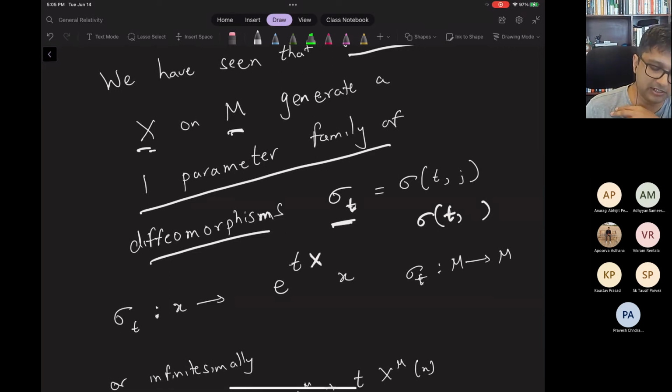And sigma t in coordinates takes the coordinate point x and maps it to the point e raised to tX. So t is like the time, the amount of flow that you had. It's a parameter associated with this flow.